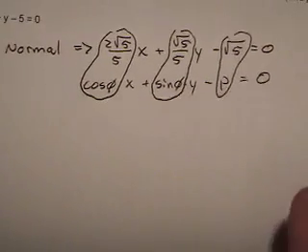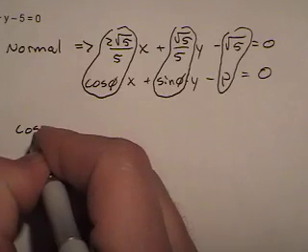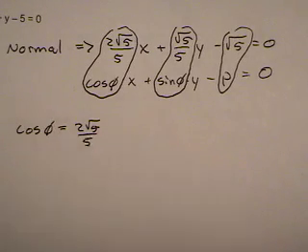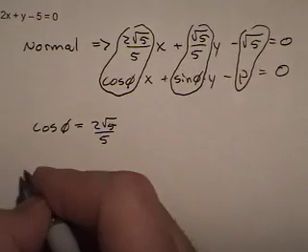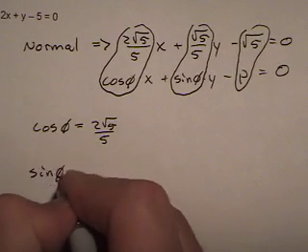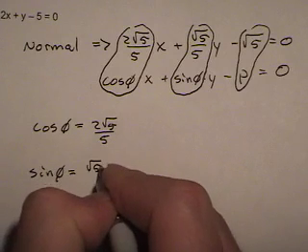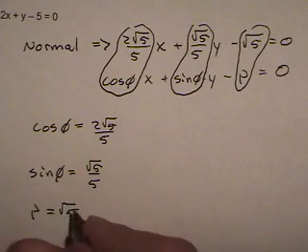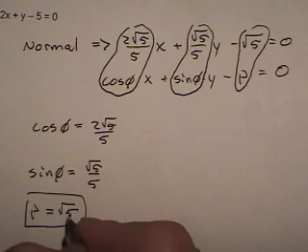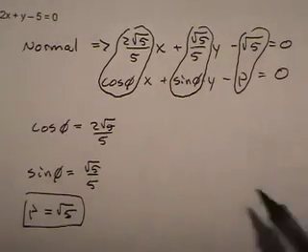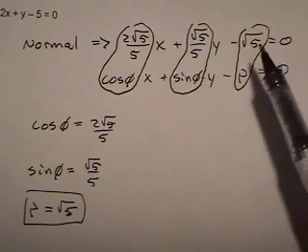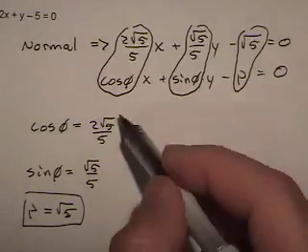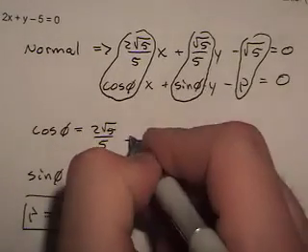Well, that means I know cosine phi equals 2 rad 5 over 5. I know that sine phi equals rad 5 over 5. And I know that p equals rad 5. Part of my job was to find p and phi. Well, I just found p, right from the equation. To find phi, take either one of these and solve for phi. So let's take this one.